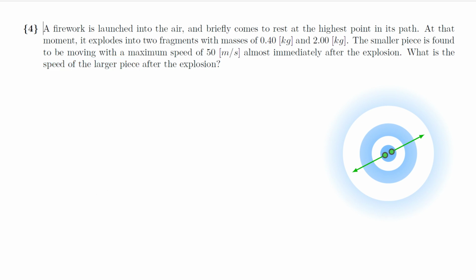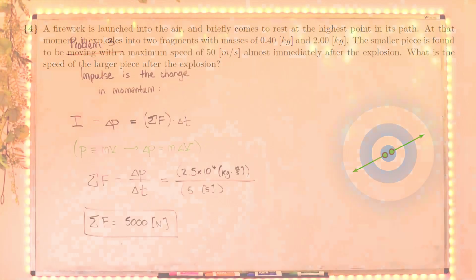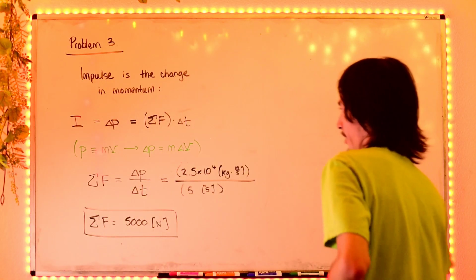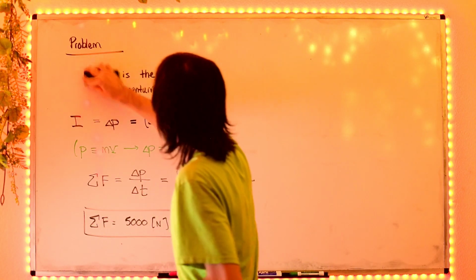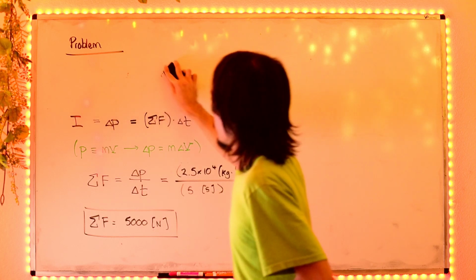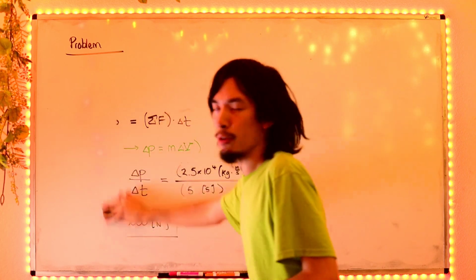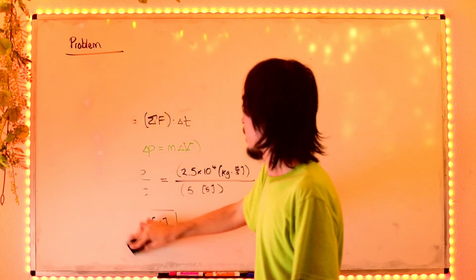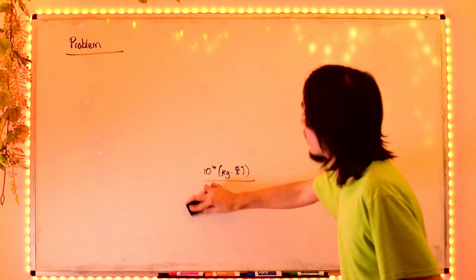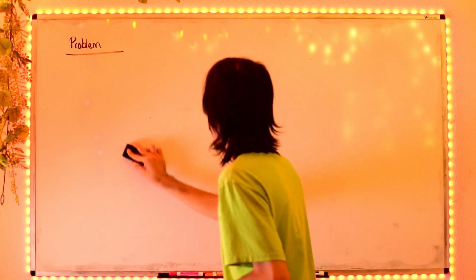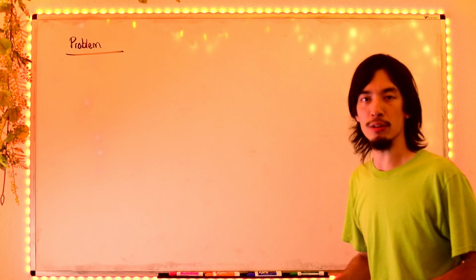To solve this problem, you either need to consult Katy Perry because it's a firework, or you need to use conservation of momentum to solve this. So we need to write out the conservation of momentum. This is an equal and opposite reaction kind of problem. For every action, there's an equal and opposite reaction according to Newton's third law.